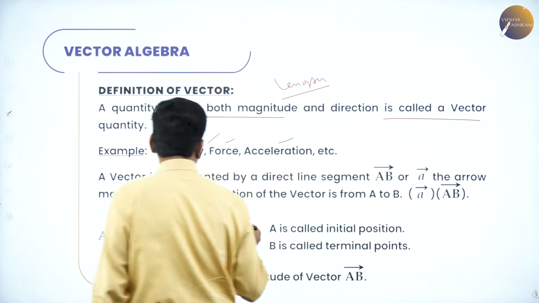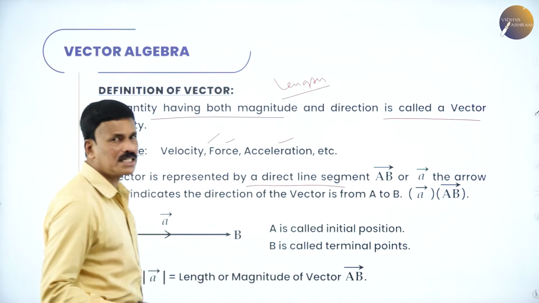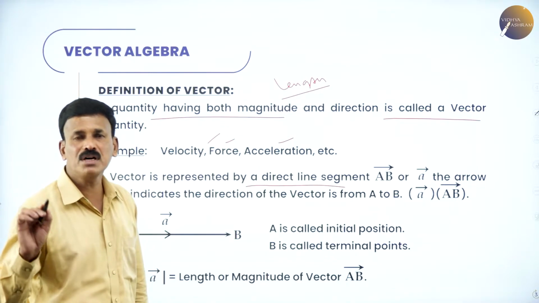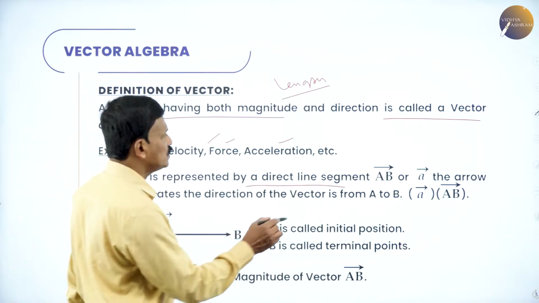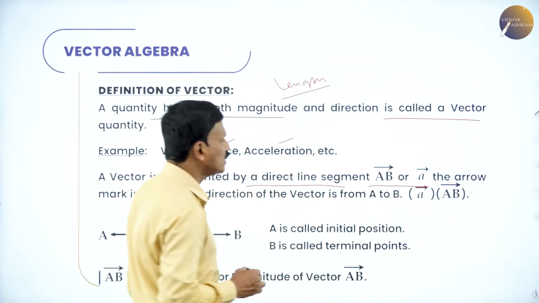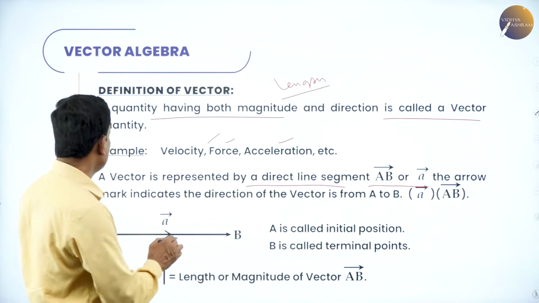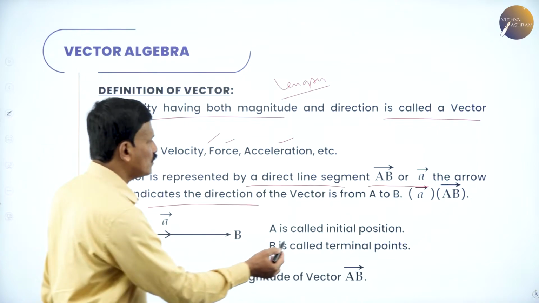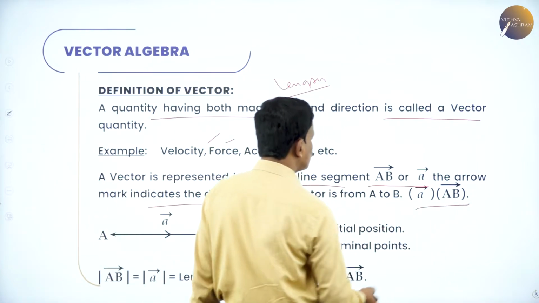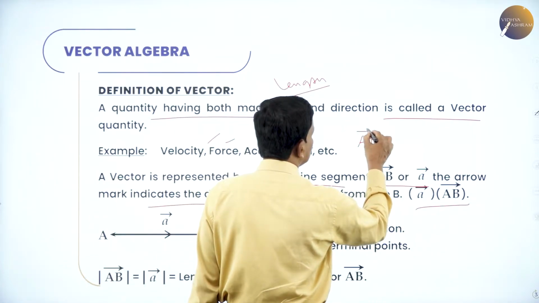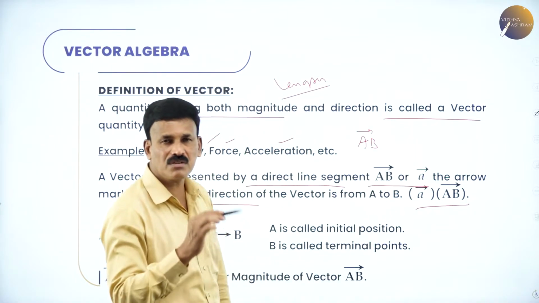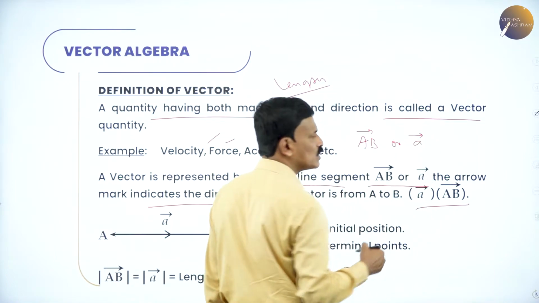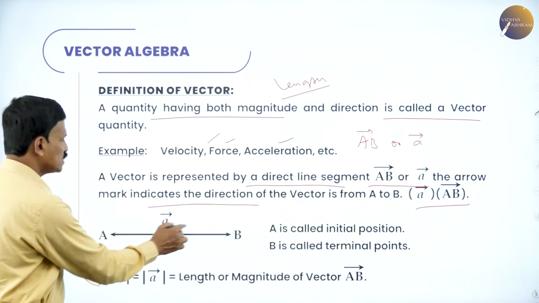A vector is represented by a directed line segment, and the arrow mark indicates the direction of the vector. This is the representation of vector AB. The arrow mark indicates the direction of the vector from A to B. This can also be represented as vector a, small a.